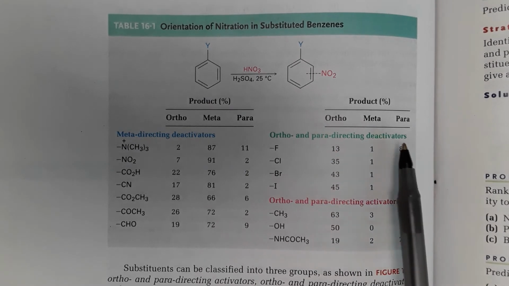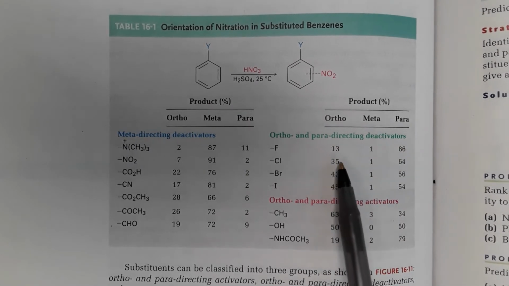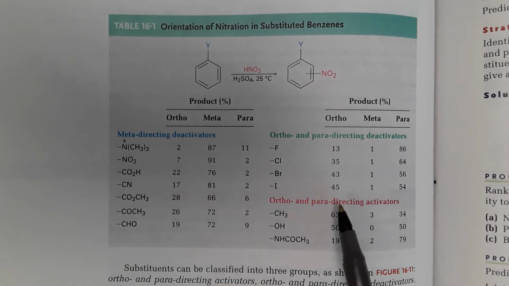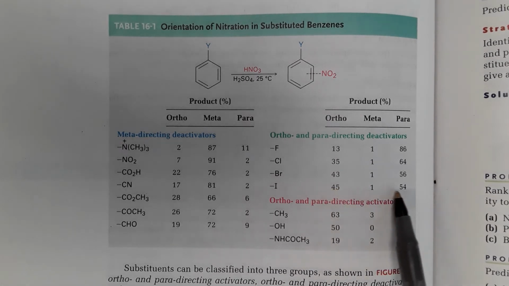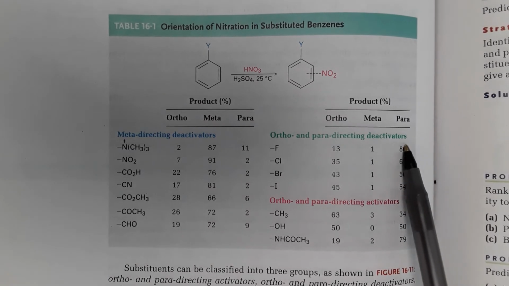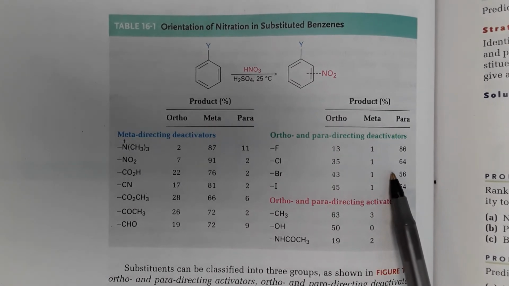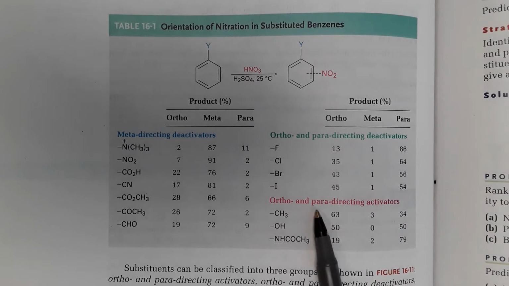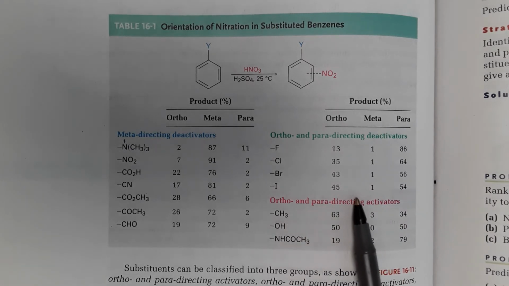But still, you have a mixture, and you have to deal with that mixture. And so it's interesting to look at the various halogens and see the relative percentages that are going into the various positions. And so there's the deactivators that are ortho-para directors, and then here are the activators that are ortho-para directors.